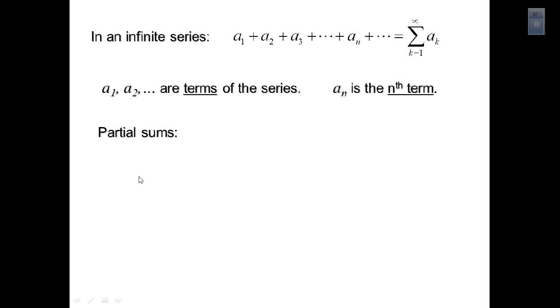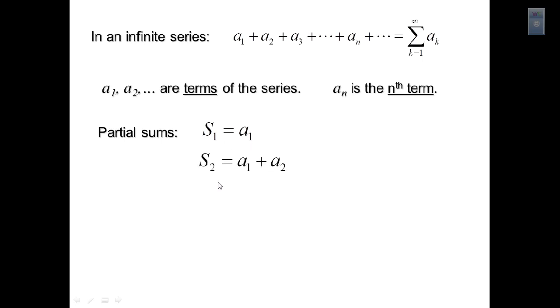Now, there are also these things called partial sums, where we're going to add a set number of those terms in a series. So for instance, S sub 1 would be the sum of all the terms including the first term.